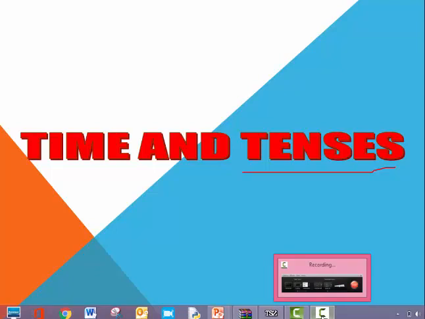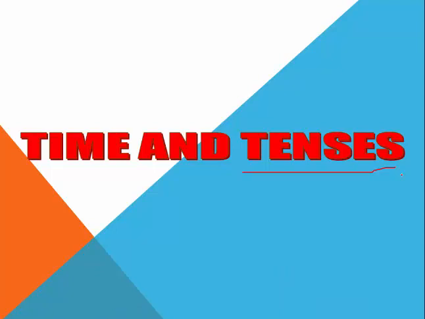Suppose yesterday I did something, I need a certain type of structure or verb to explain that the action took place yesterday, or maybe tomorrow I'm going to do something, so I need a different verb form to explain that something is going to happen tomorrow. So tenses tell us the time of the action with respect to the present time.